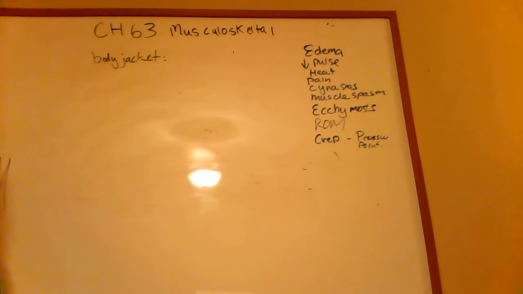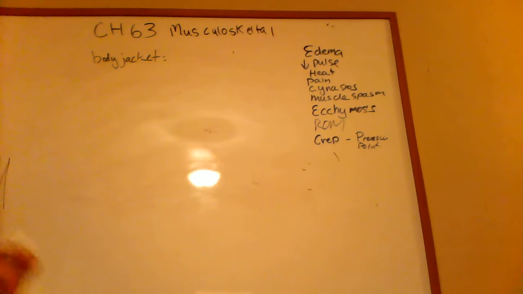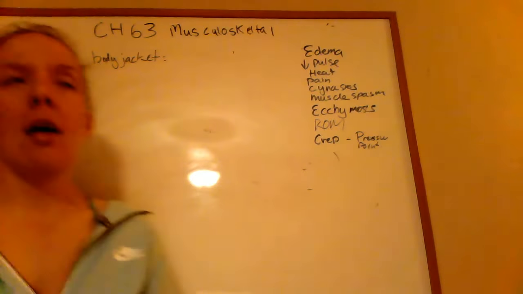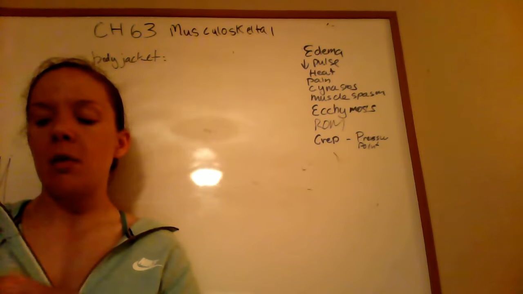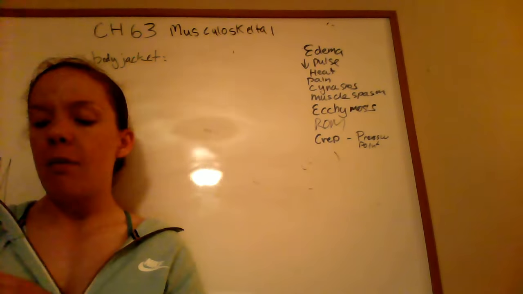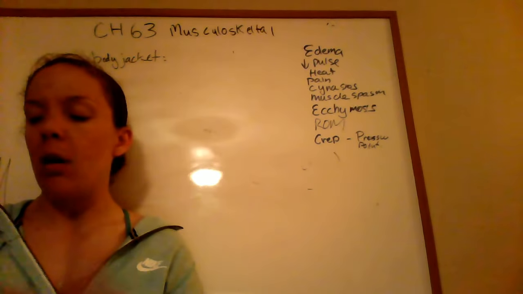So the body jackets are for vertebral injuries, obviously, but you really want to watch out for any type of compression of the superior mesenteric artery, because when you have that, you're going to have decreased blood flow to all types of areas.